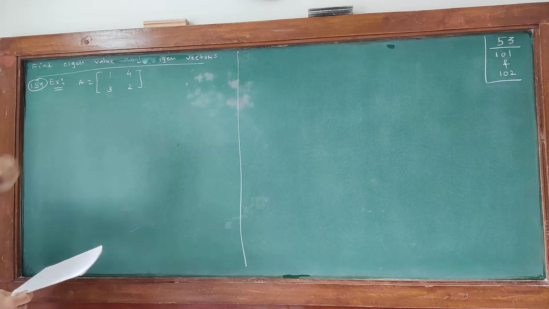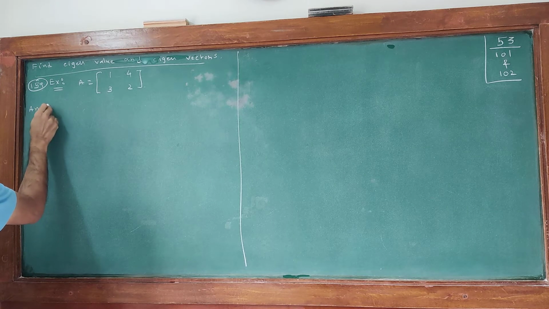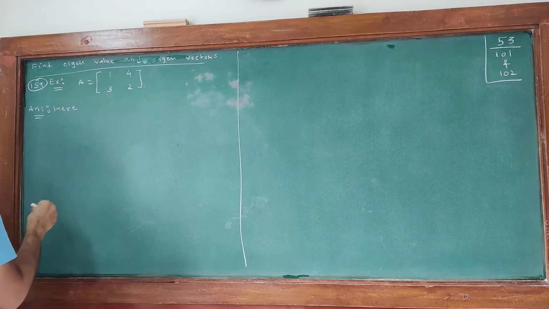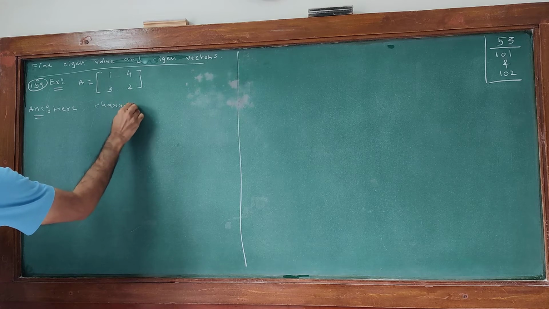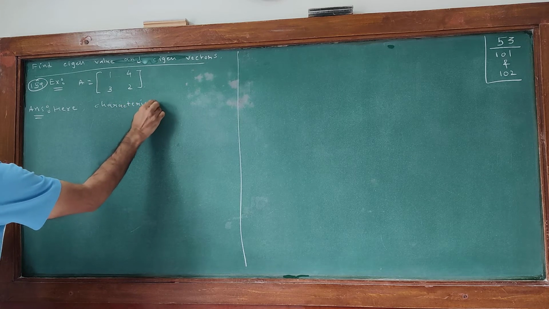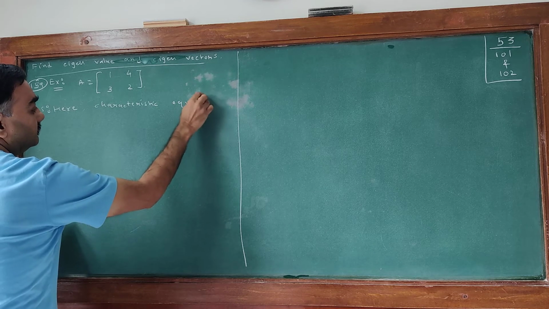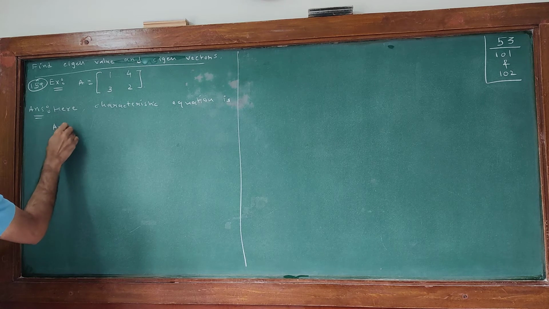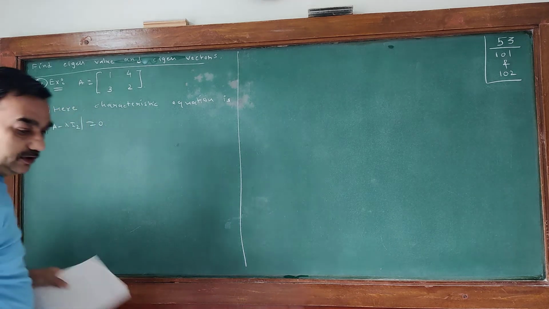For this matrix, answer here. Characteristic equation is determinant of A minus lambda I2 equal to 0.